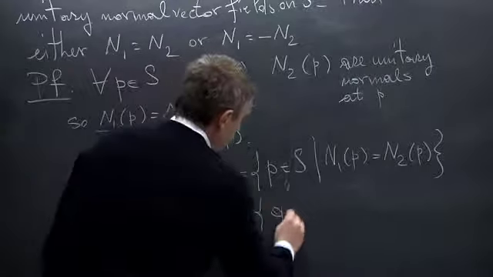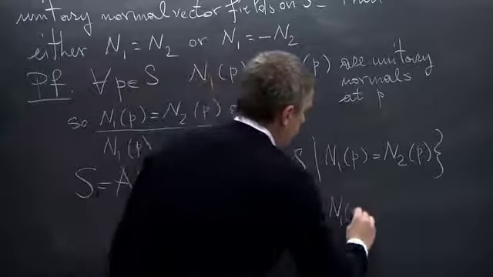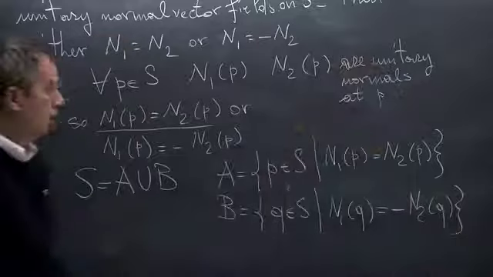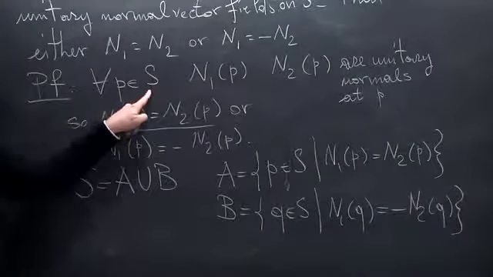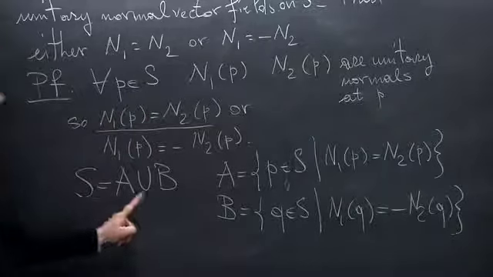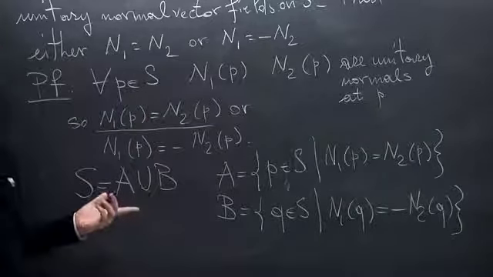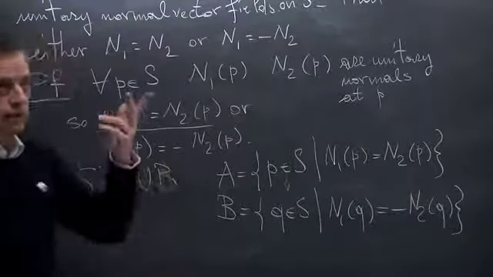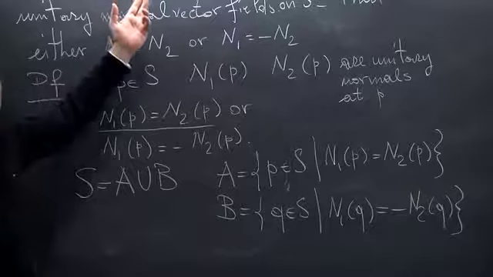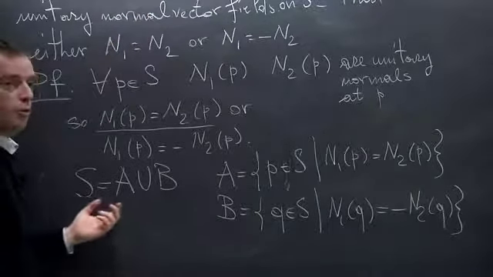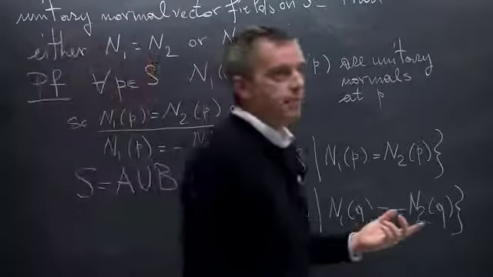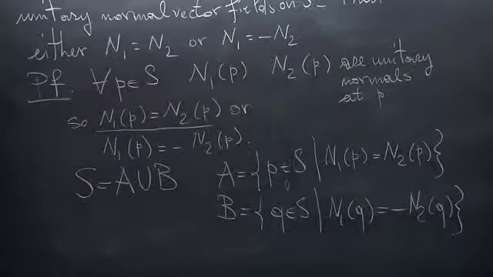The set of Q, if you want to give it, such that N1 at Q is equal minus N2 at Q. The above simple observation tells you that S is the union of these two. So every point falls either here or here. Now, of course, I'm assuming it's connected. So, of course, the claim is that this is an open decomposition of S. An open, non-empty, I mean, of course, the contradiction, now you argue by contradiction, okay?